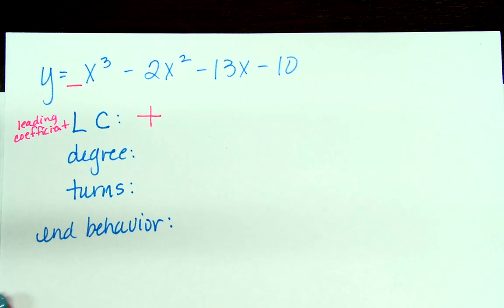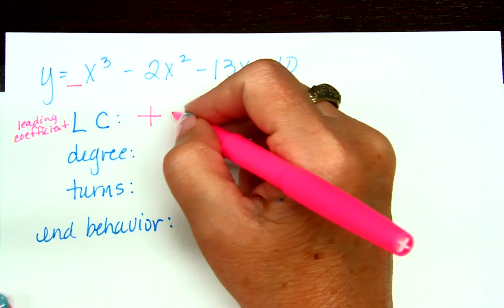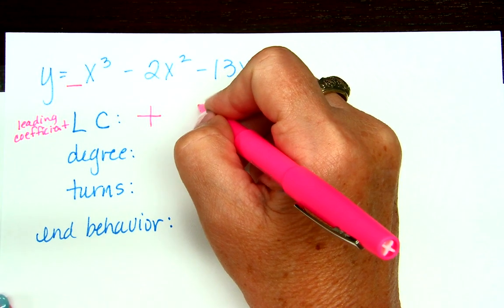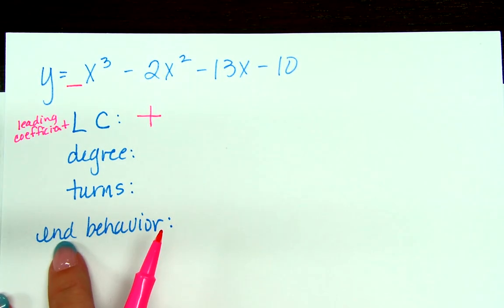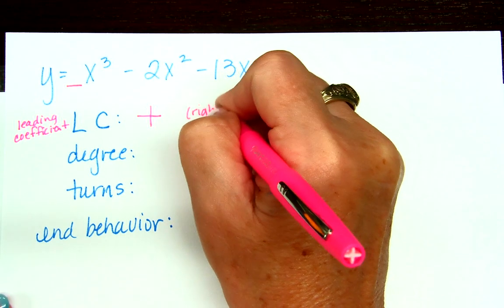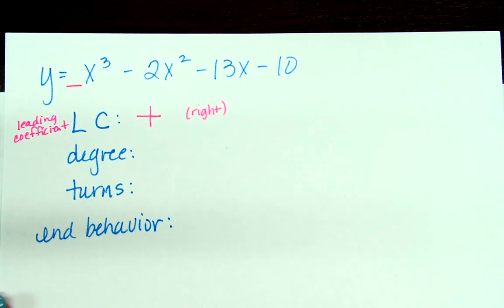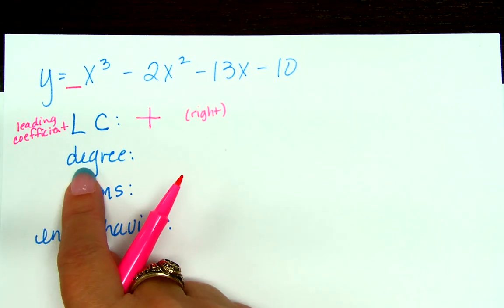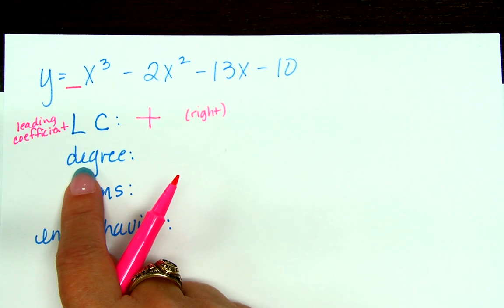Okay? The sign of the leading coefficient is going to tell me the end behavior to the right. Okay? We'll come back to that in just a second. The degree. Do you know what a degree is? Do you remember what I told you it was last week?